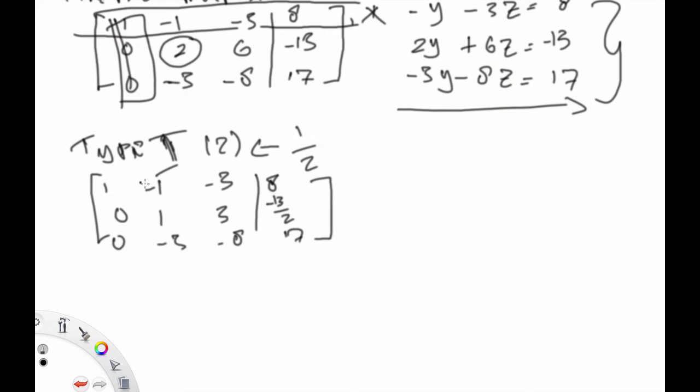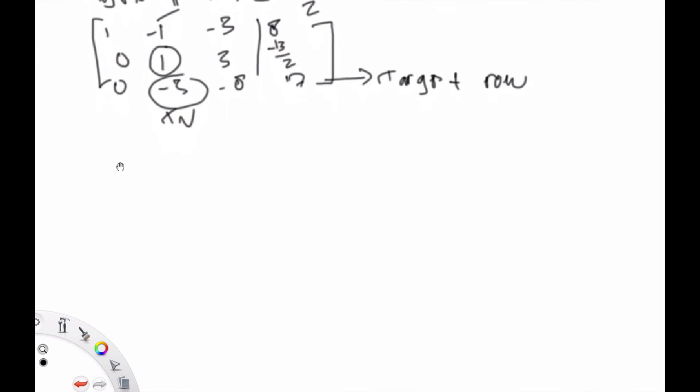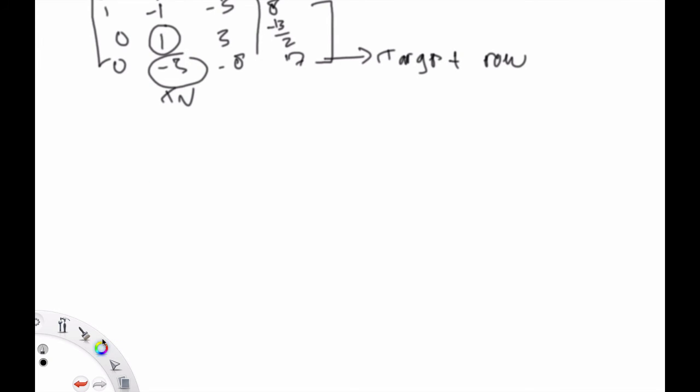After we multiply the second row to make it a pivot element, we have to change the target value to 0, and now we have only one target row. So we can continue this process by using the type 2 operation.